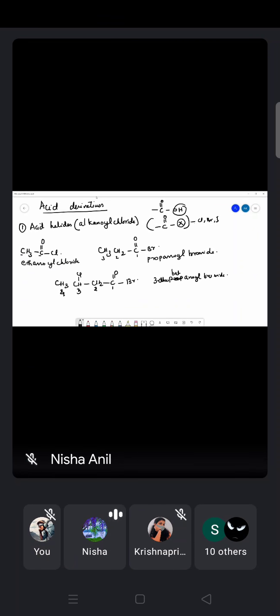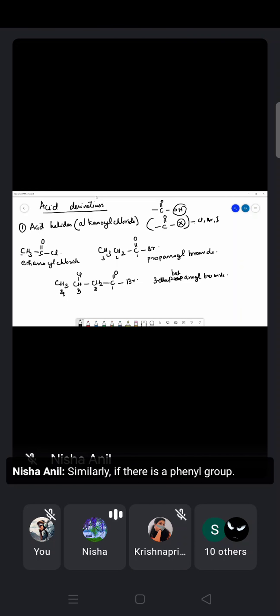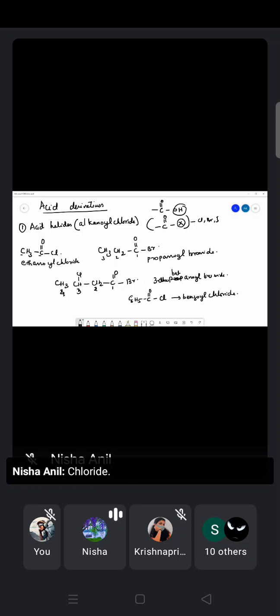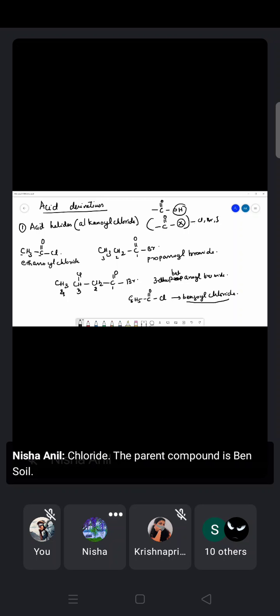Similarly, if there is a phenyl group, it is used as a substituent. C6H5COCl. This is benzoyl chloride. The parent compound is benzoyl chloride.